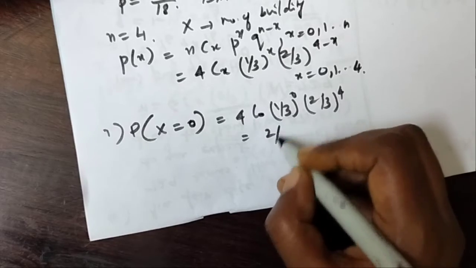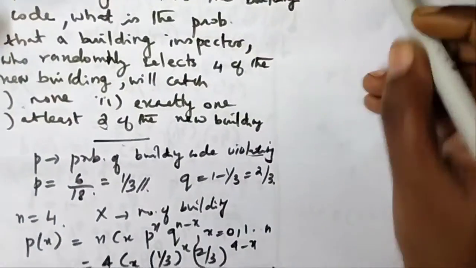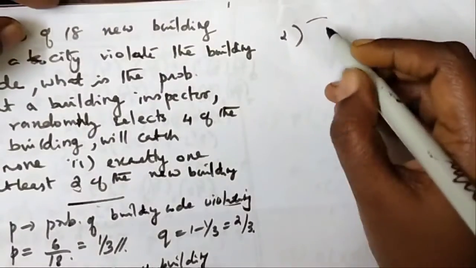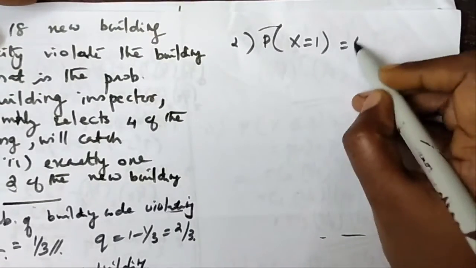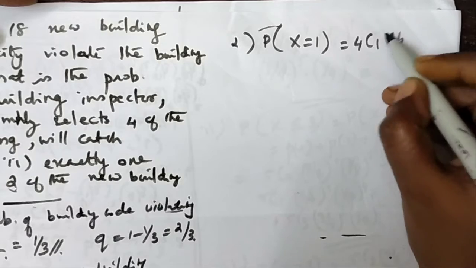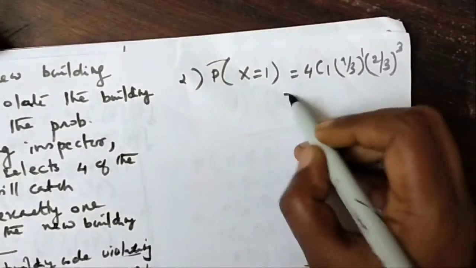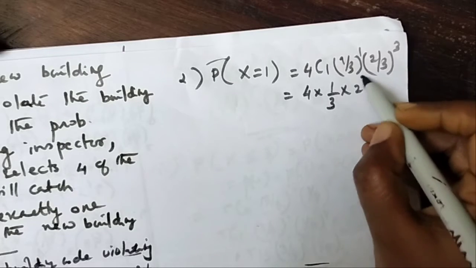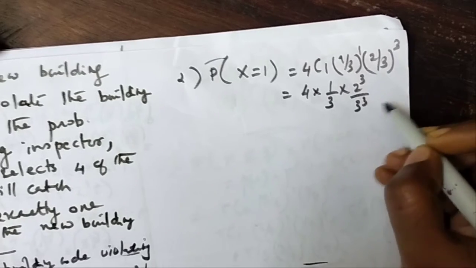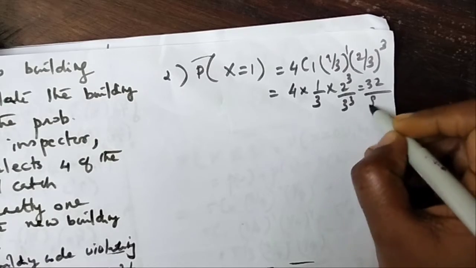So it is 2 by 3 raised to 4. Second question, exactly 1. He will catch exactly 1. So P of x is equal to 1. It is 4C1, 1 by 3 raised to 1, 2 by 3 raised to 3. So 4C1 is 4, 1 by 3, it is 2 cubed by 3 cubed. So it is 32 by 81.